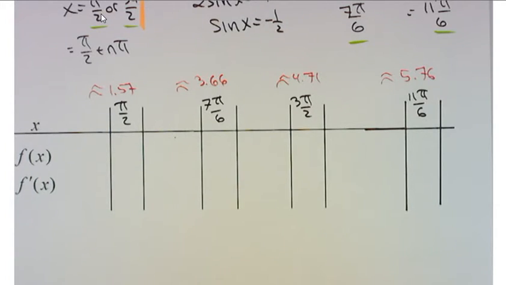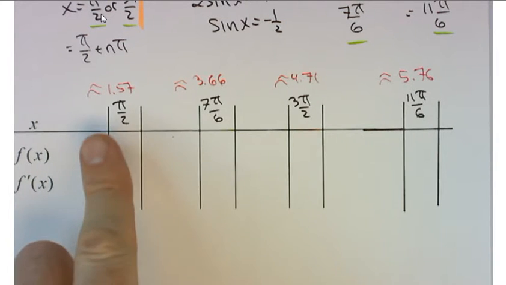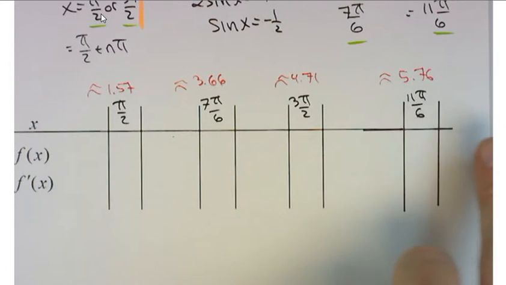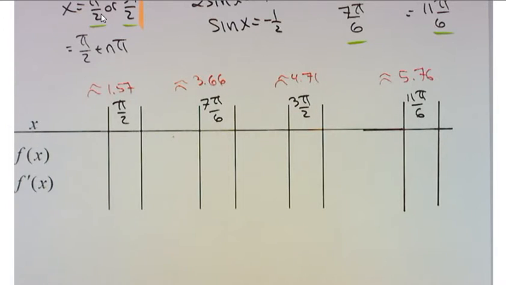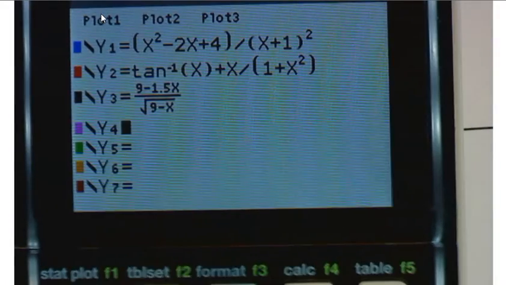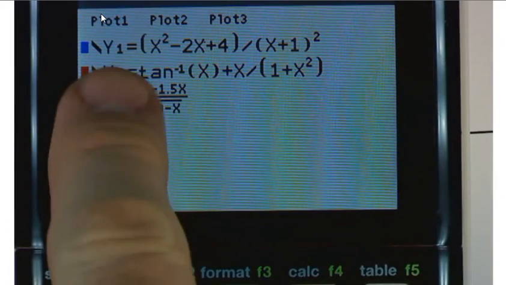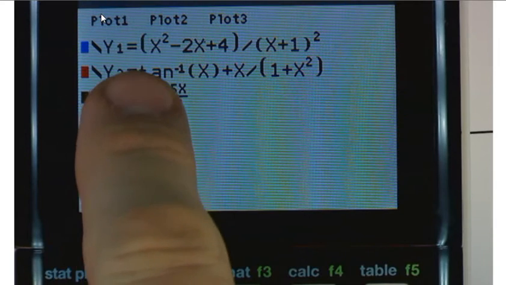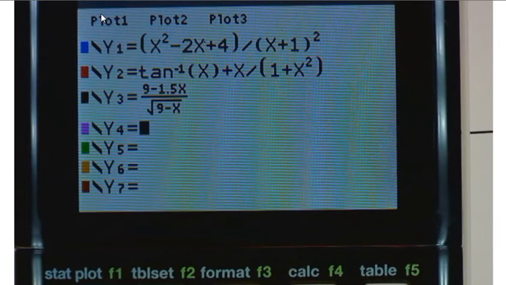And let's put that function into our calculator, and we want to put in the derivative, not the function, because we're testing the derivative. And we can use test points based on numbers that are between these. So let me enter that into my calculator. I've got a few other functions that are there. I shut off their graph by putting the cursor on the equals sign and then pressing enter.